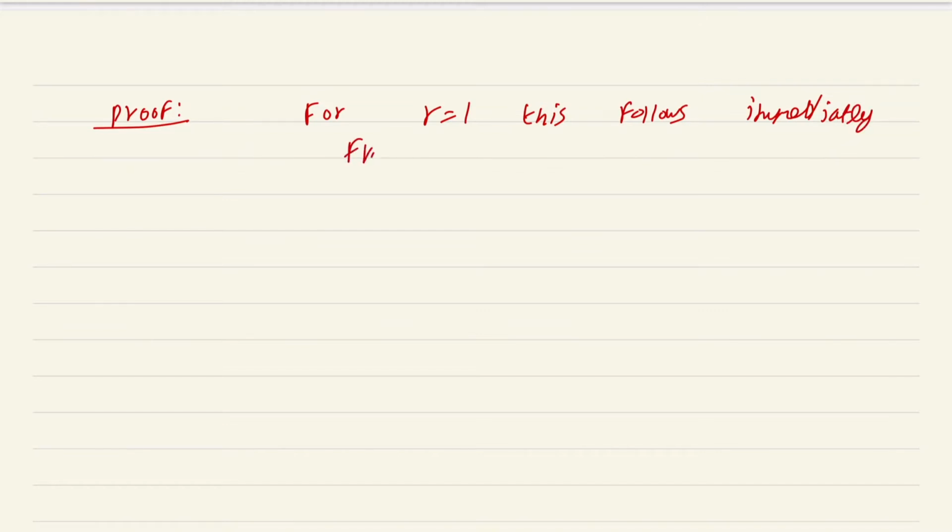Proof. For r equal to 1, this follows immediately from the chain rule. Let's see why that is the case. We have d by dt of f of x plus th.